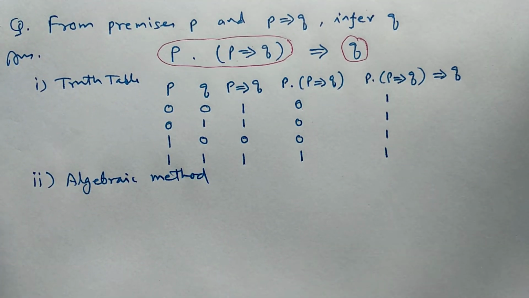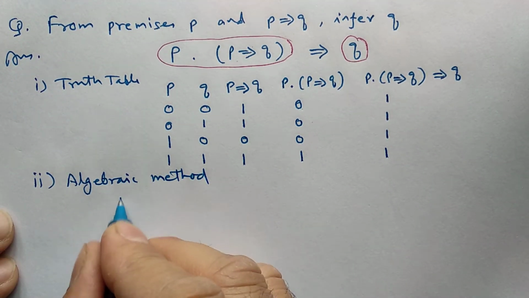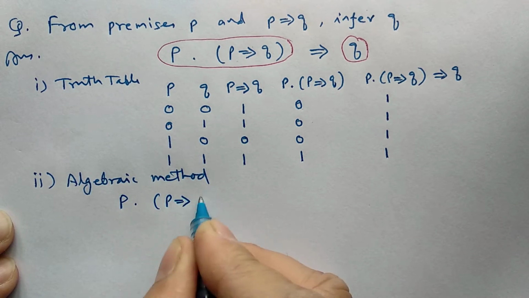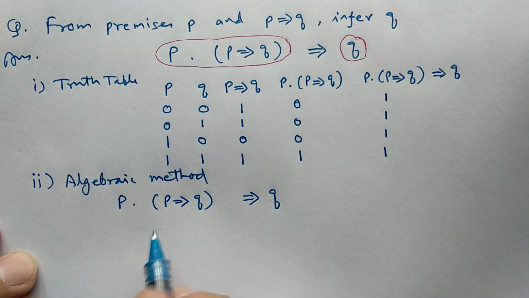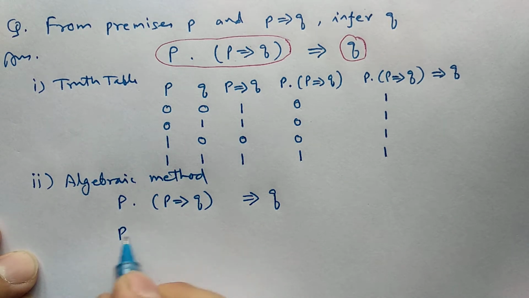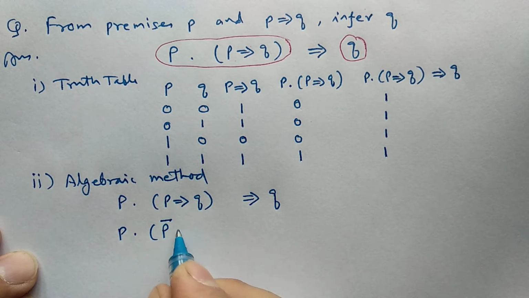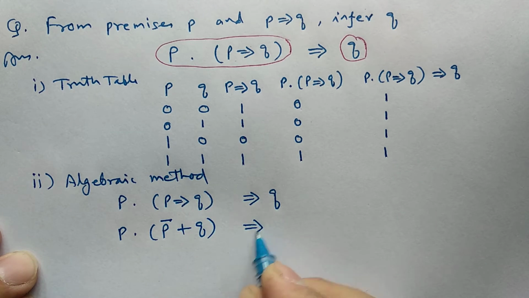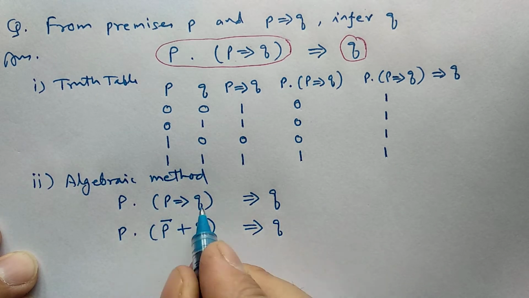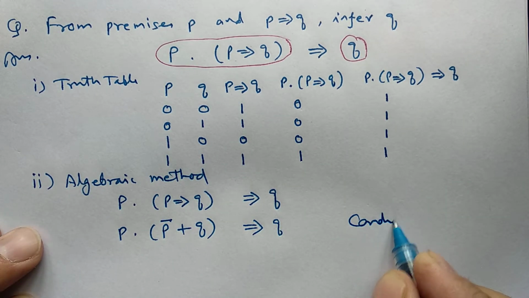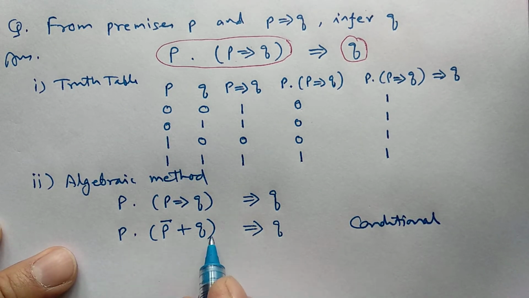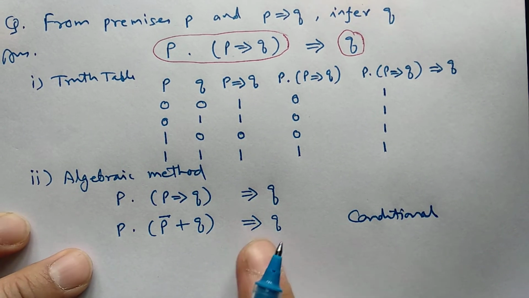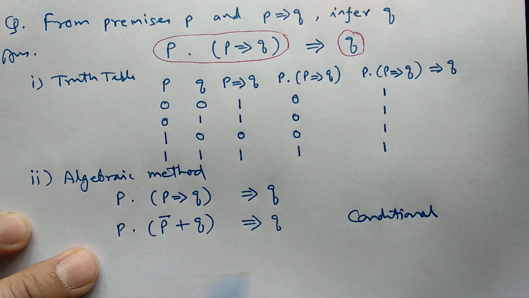Now the second is the algebraic method. In the algebraic method, we take P and P implies Q implies Q. We know the conditional rule: P implies Q is not P or Q. We further open this statement.